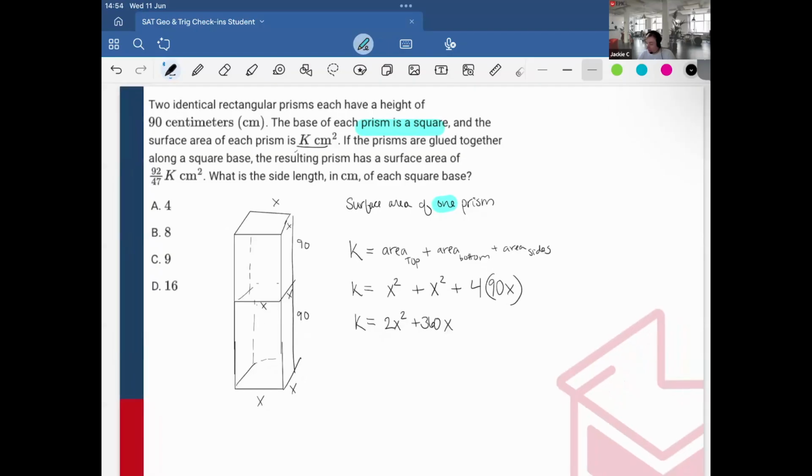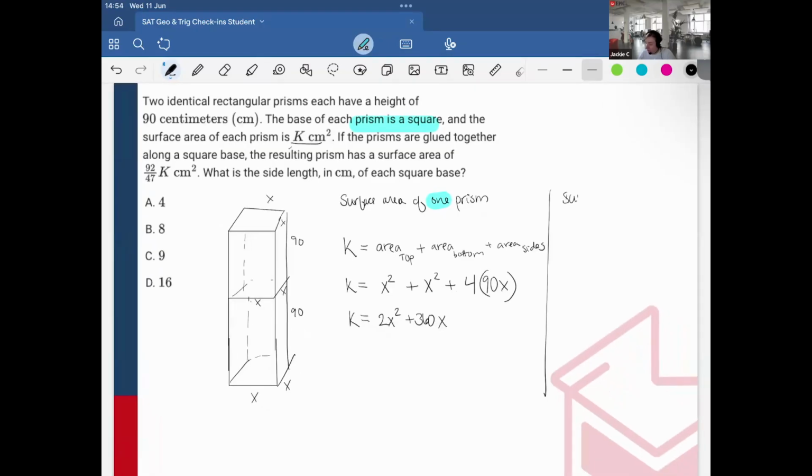Likewise, we have the surface area glued together, which will be quite similar. It tells me that that's equal to 92/47 k centimeters squared, but I'll just put k.